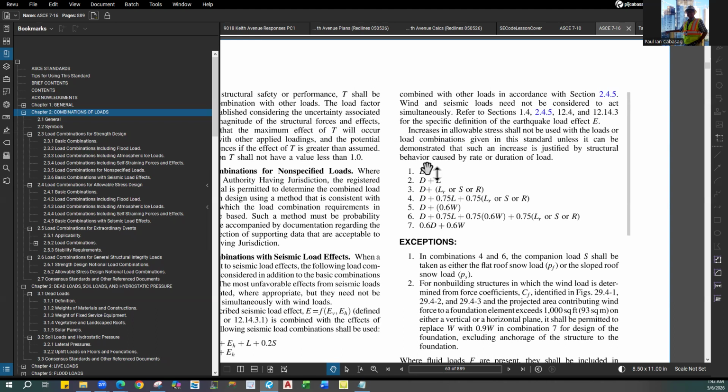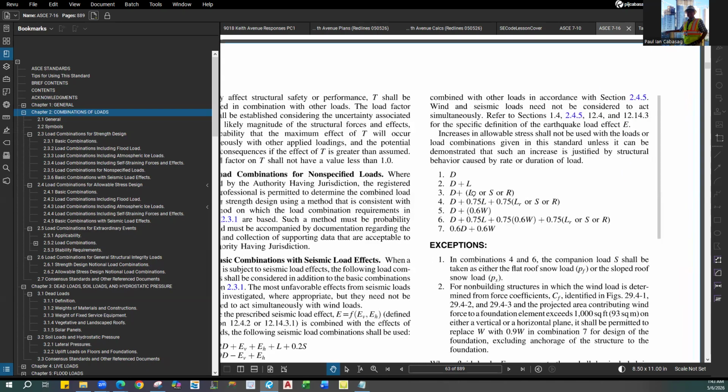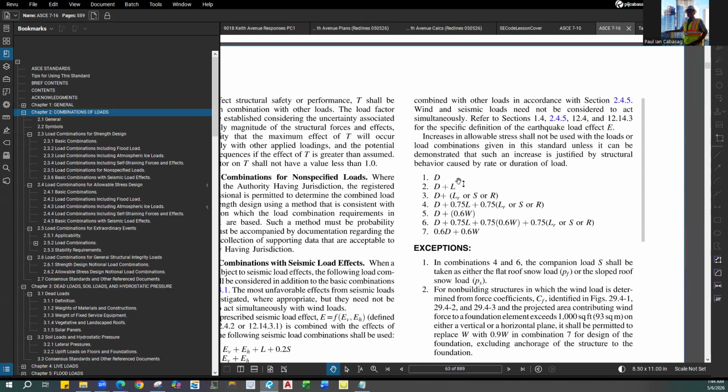But with furniture, people think it's a dead load, but it's really not, because you usually move furniture around. Anything that's transient falls under what we call a live load, an L load right here. So a live load is usually moving and not permanent to the structure. The dead load is a permanent load, while the live load is a temporary load.